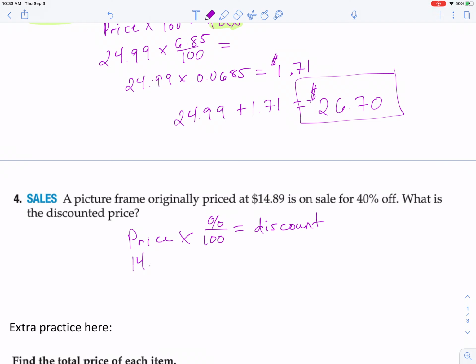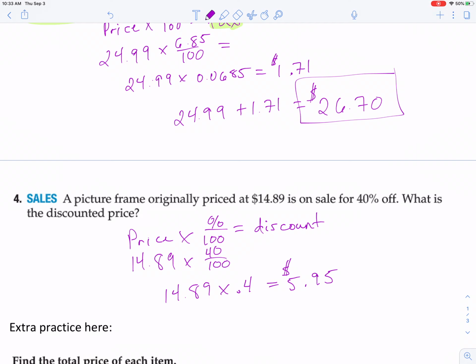So $14.89 times 40 divided by 100 is going to be $14.89 times 0.4, and $14.89 times 0.4 is going to be 5.95. Notice I'm rounding to the nearest penny.